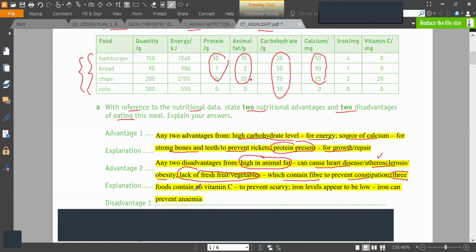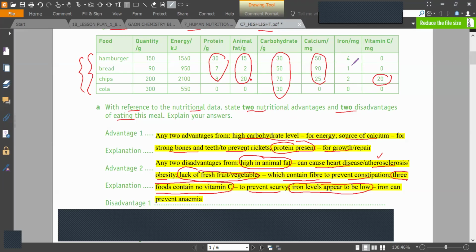Three foods contain no vitamin C. We can see here only chips have vitamin C, which means we are very low on vitamin C. Vitamin C is important to prevent scurvy. And another problem, iron level is low.